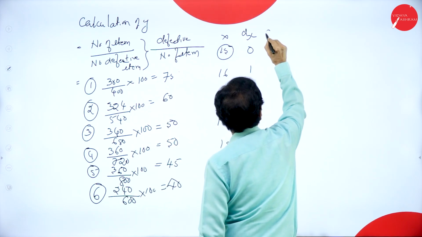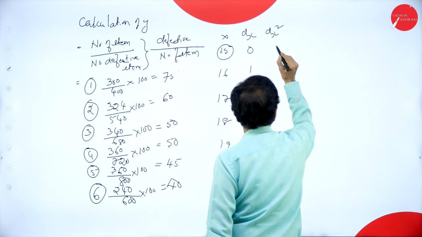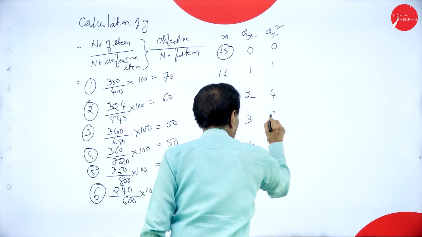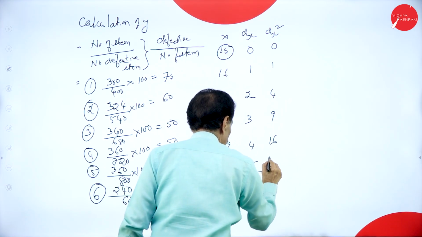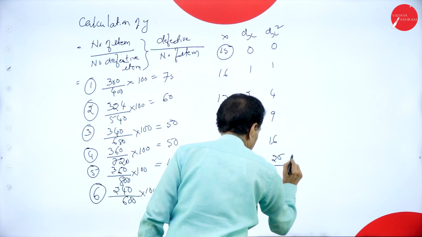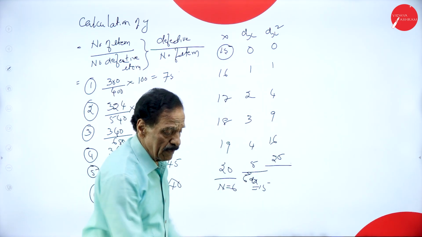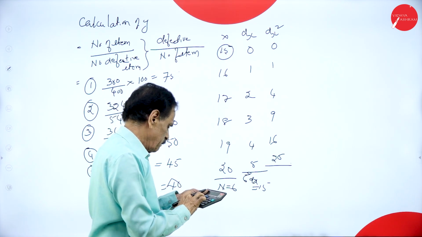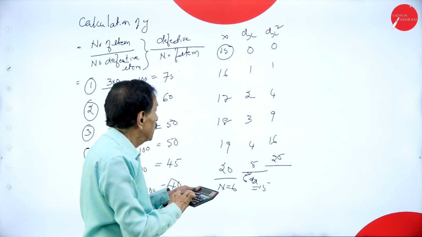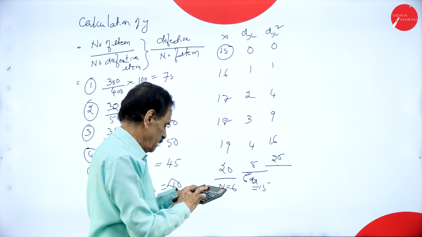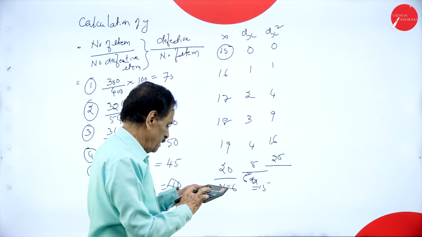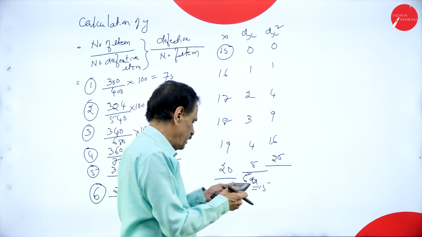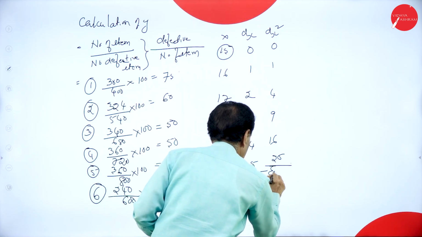Dx square: 0, 1, 4, 9, 16, 25. Square of the numbers. So 1 plus 4 plus 9 plus 16 plus 25 is 55. Sigma dx square is 55.